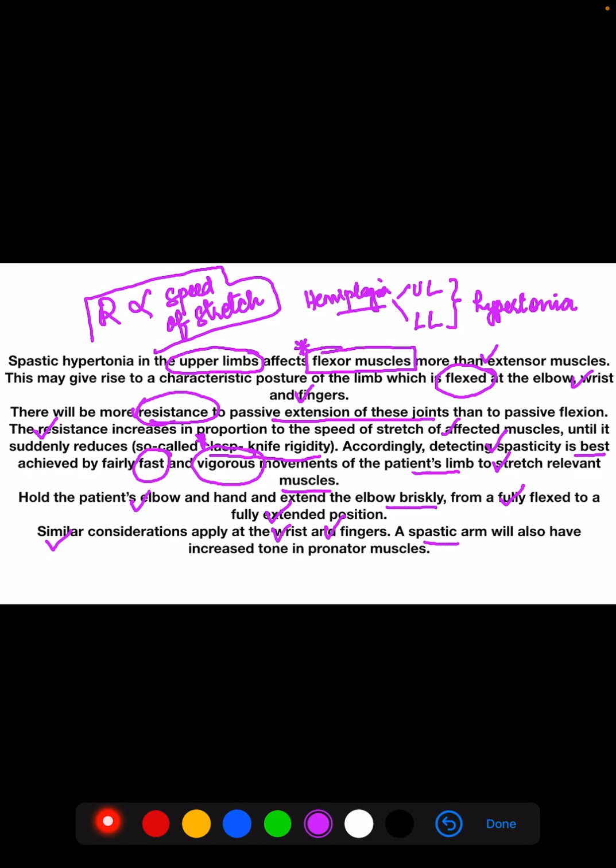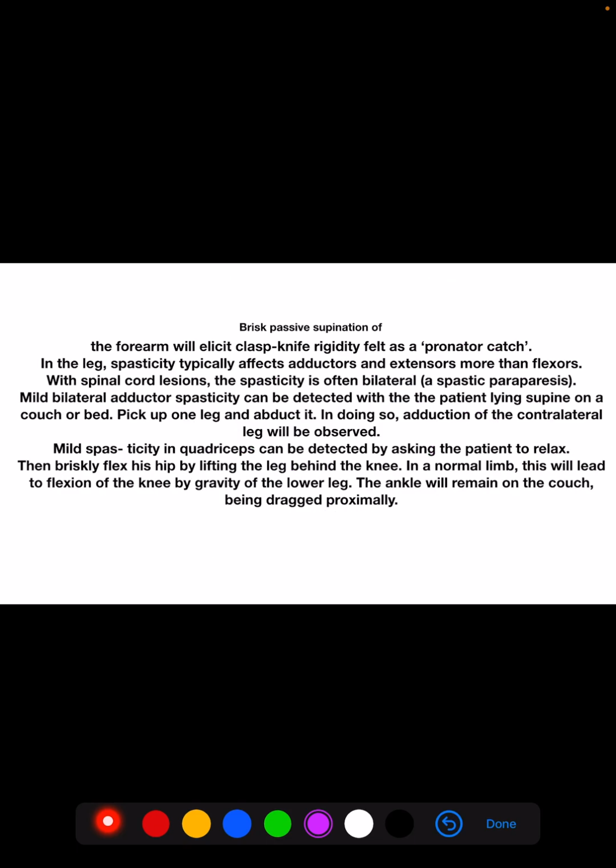And a spastic arm will also have increased tone in the pronator muscles. Okay, so apart from the increased tone in the flexor muscles of the upper limb, in a spastic arm even the pronator muscles also have increased tone.